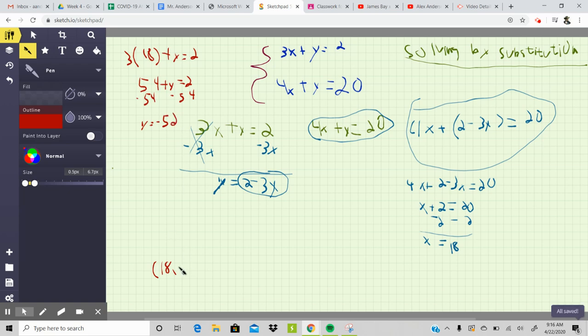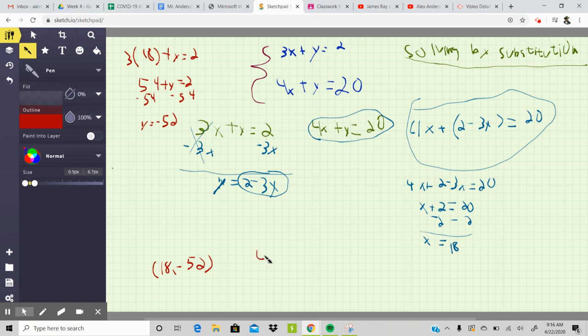So then my y coordinate should be negative 52. All right, if I plug in both of these numbers, we already checked, it'll work in this equation, but it should also work in this equation as well. So I'm going to just double check, and I'm going to plug 18 in for x in my second equation.